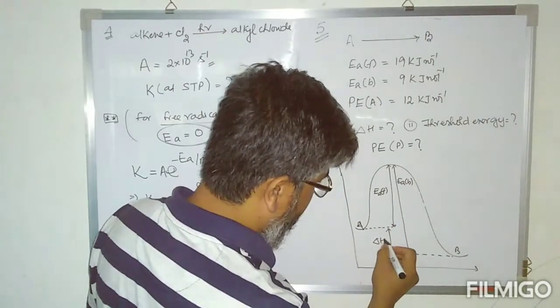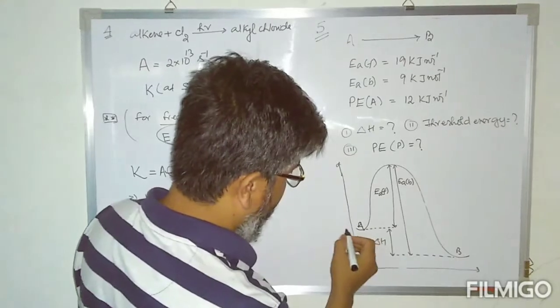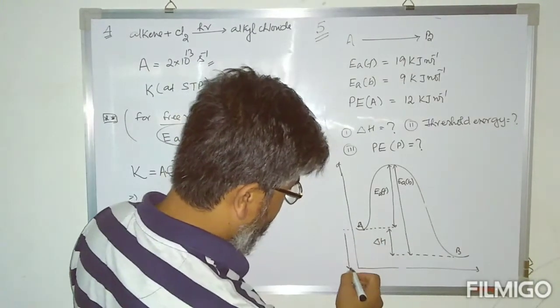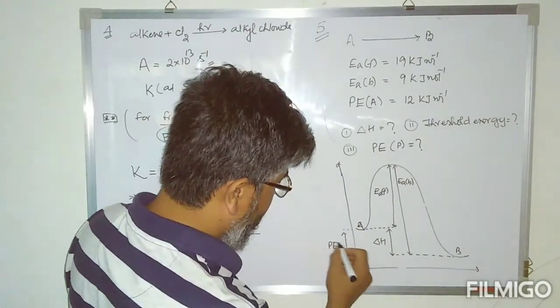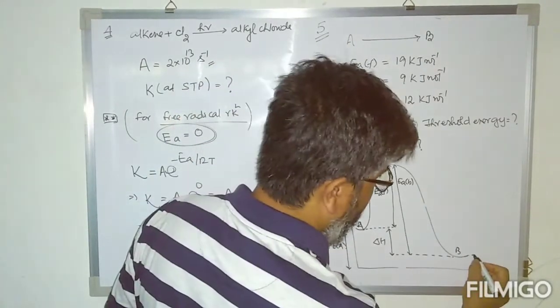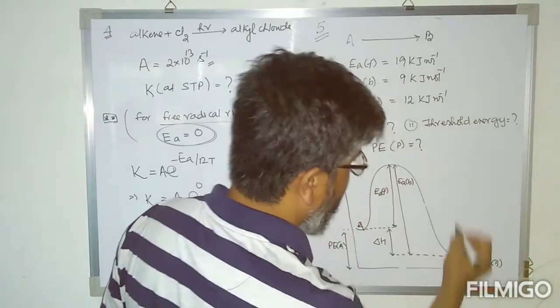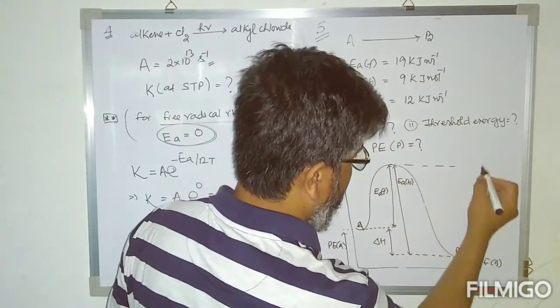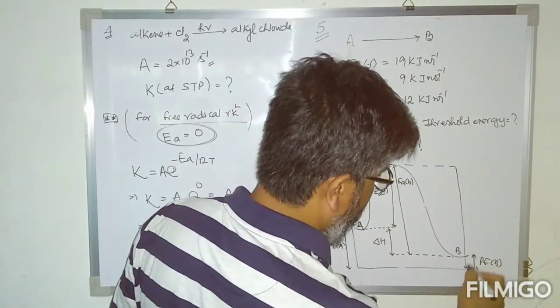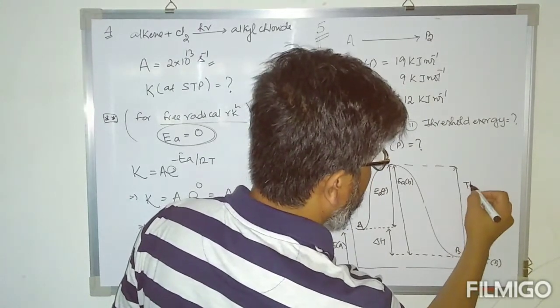This distance is delta H. This distance is the potential energy of A. This distance is the potential energy of product B, and this distance is what we call the threshold energy.